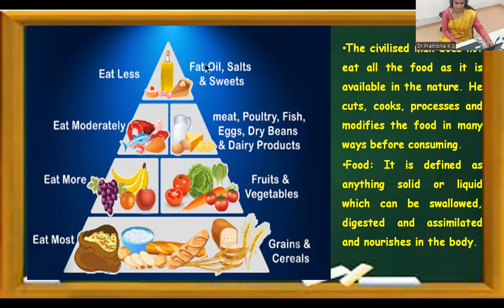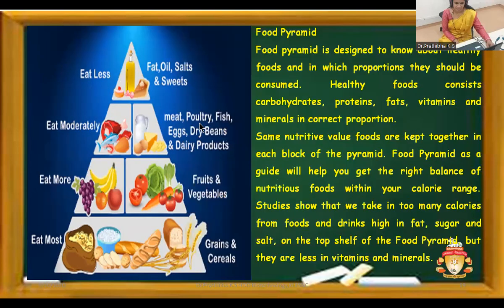So when you are asked such a question, draw this food pyramid and write which to eat most, eat more, eat moderately, eat less, and some points about the food pyramid. The food pyramid is designed to know about healthy foods and in which proportions they should be consumed in our day-to-day life.